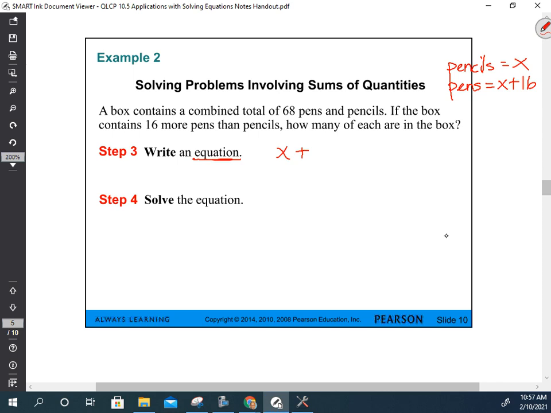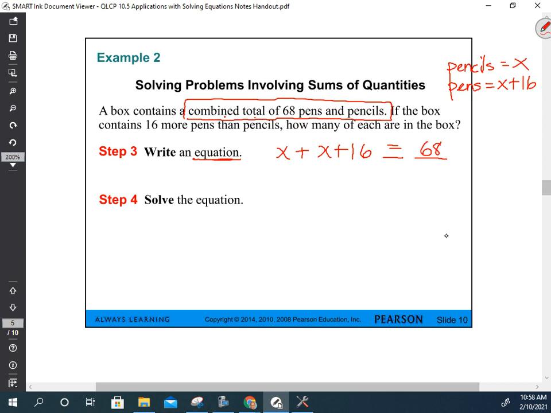You're good so far. There you go. That first sentence told you everything you needed to know. A combined total of 68 pens and pencils.